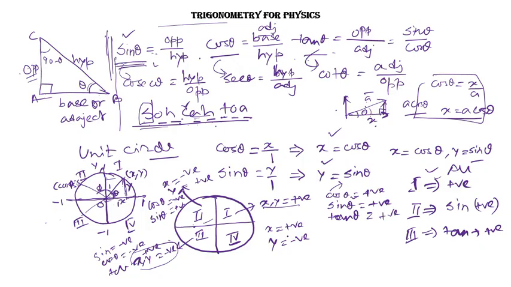Now in the fourth coordinate, x is positive and y is negative. x positive means cos is positive, since x is nothing but cos. And y is negative, that means sin is negative, so obviously tan will be negative. So here cos theta is positive, tan theta is negative, sin theta is negative.